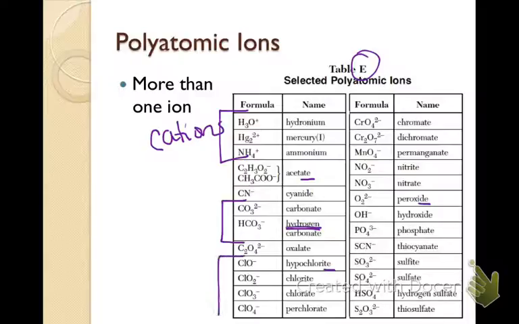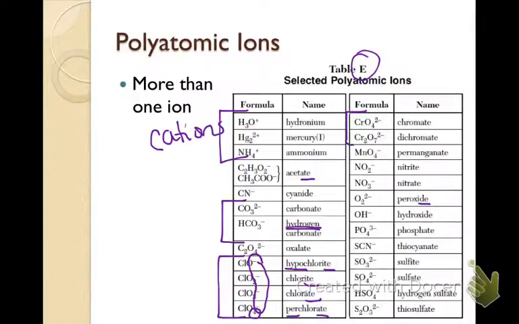Some other things here are the chlorates, so hypochlorite, chlorite, chlorate, and perchlorate. If you notice, the hypo has only 1 oxygen, the ite has 2, the ate has 3, and the perchlorate has 4 oxygens. These all have the same -1 charge though.